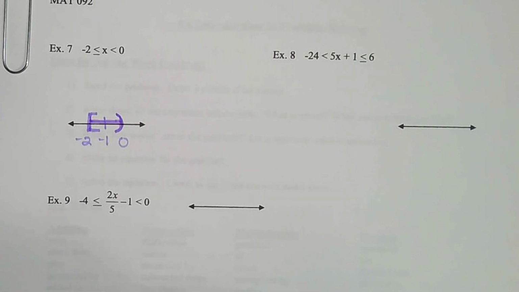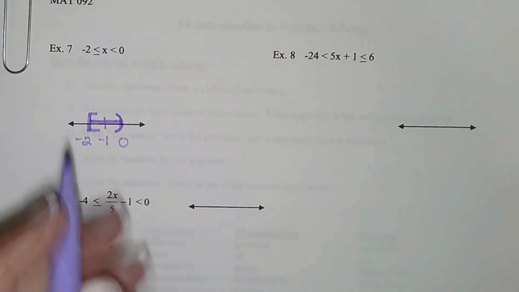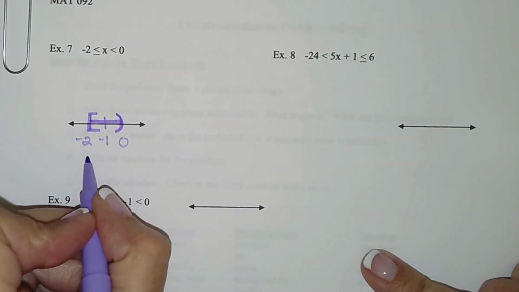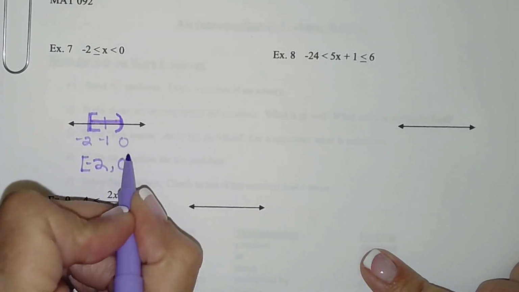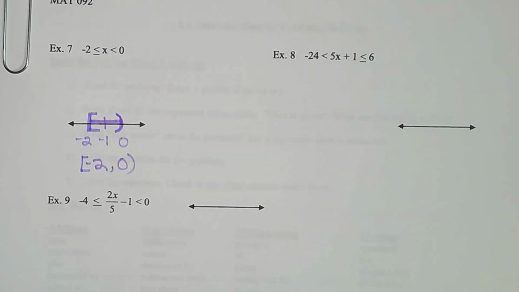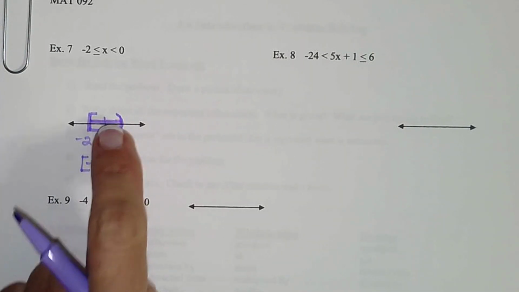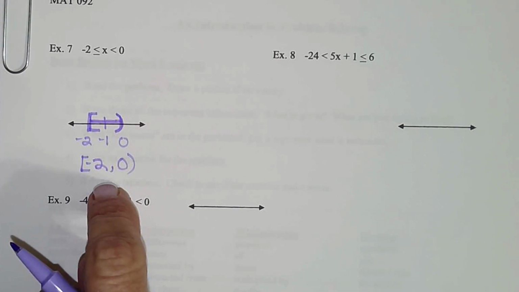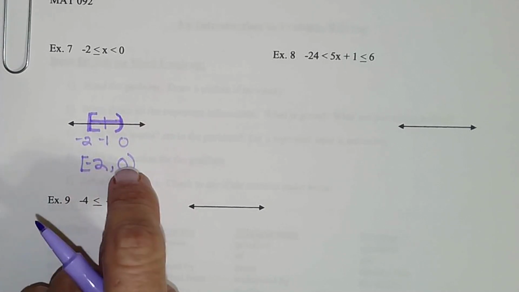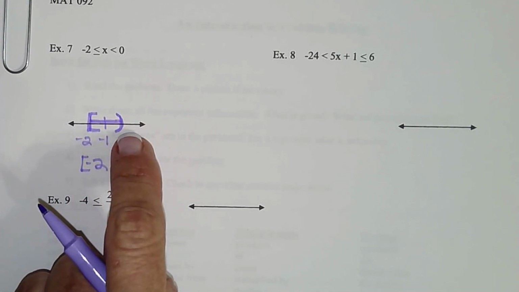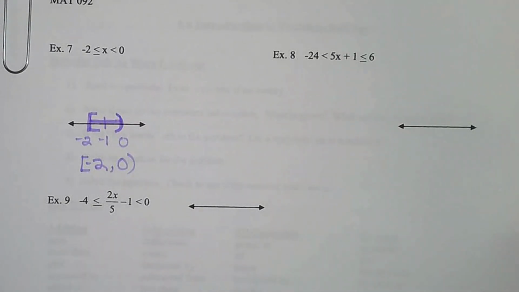I like these the best of all of them because they're the easiest to write your interval notation. You drop your two endpoints down, -2 gets a bracket, 0 gets a parenthesis, done. So these are super easy to write your interval notation because they're just the two endpoints, everything in between, and then be sure and do your correct symbols.